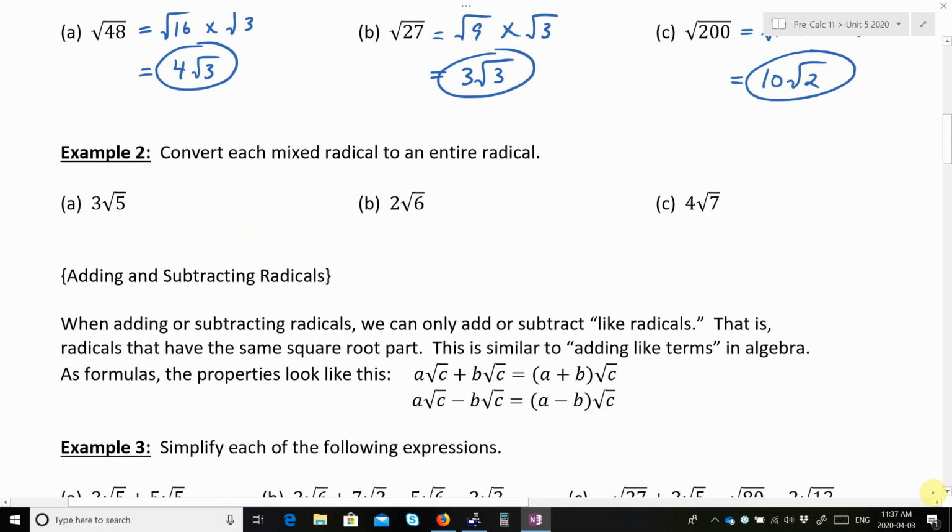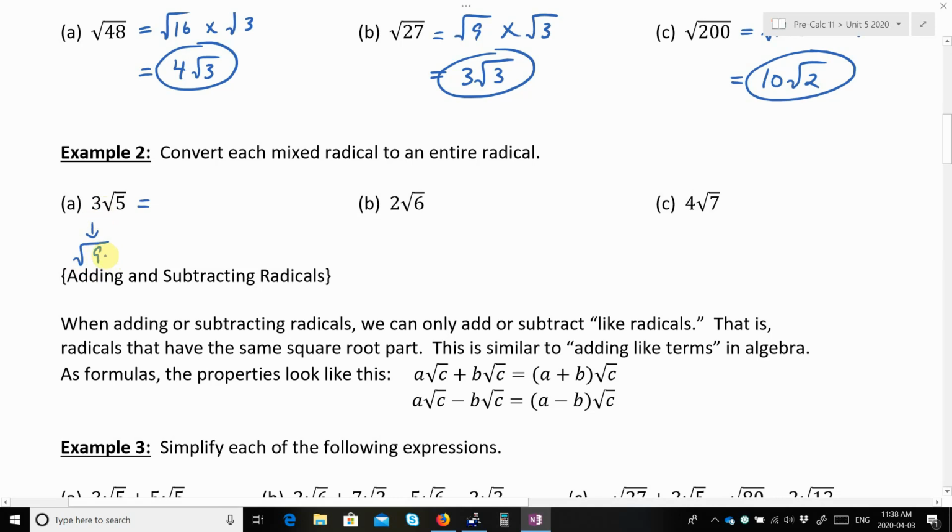Example 2, convert each mixed radical to an entire radical. So this is going backwards now. And so what we need to do to write this as an entire radical is write the 3 as the square root of something. So I have to say, okay, 3 is the square root of what?